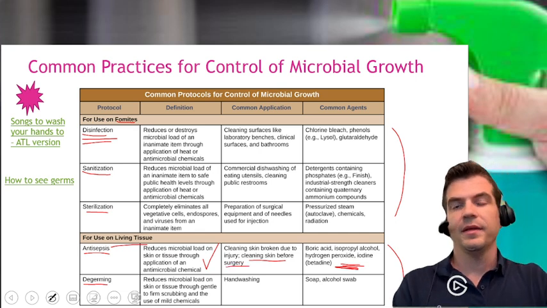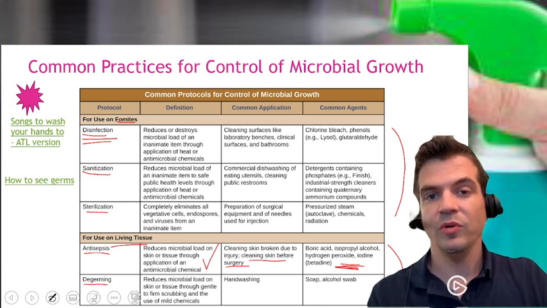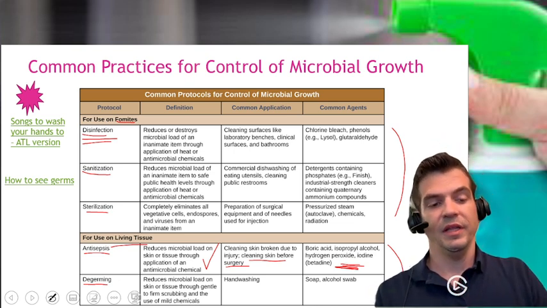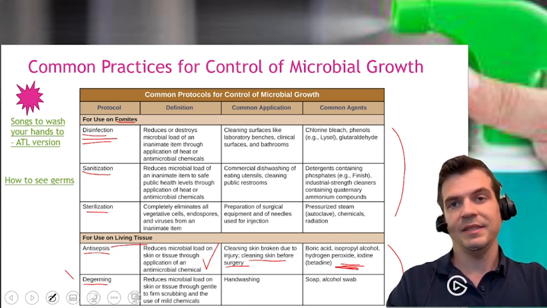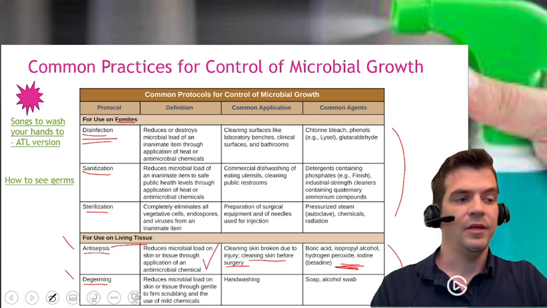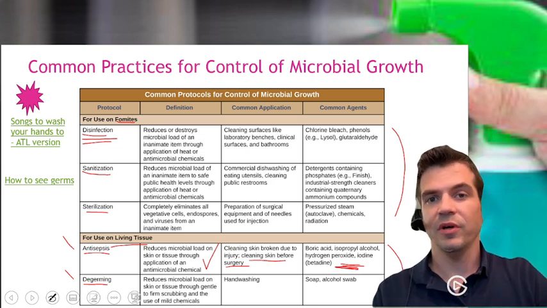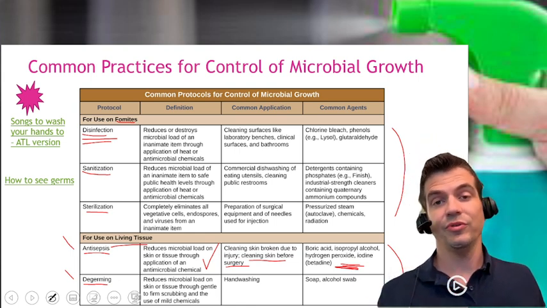I highly recommend that if you have a small wound that you're going to treat at home, you instead de-germ it instead of antisepsis. You don't need to put on hydrogen peroxide and you don't need to put on ethanol on a wound. All you need to do usually is soap and water.